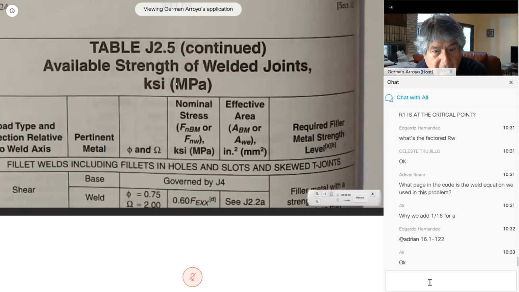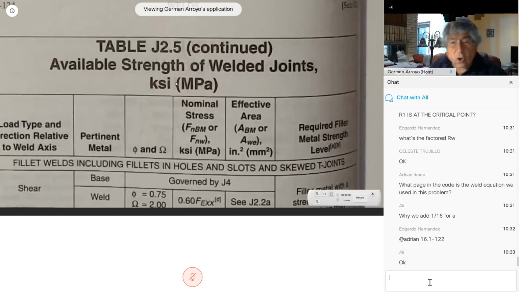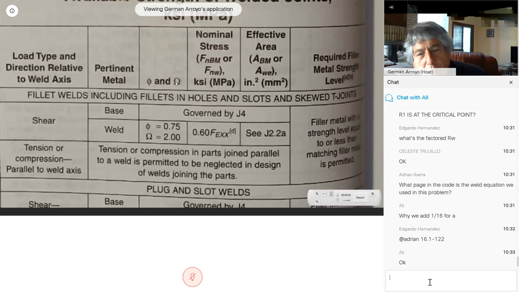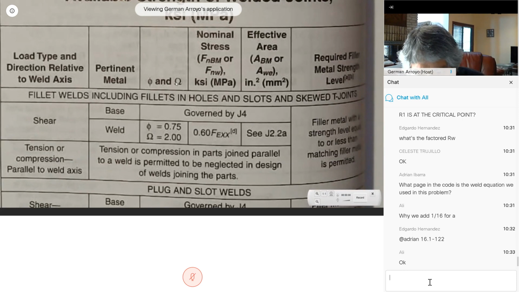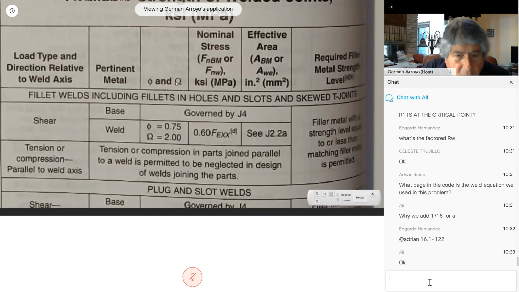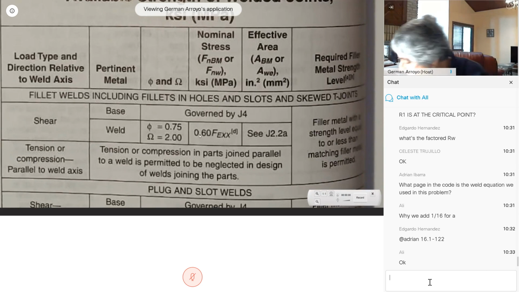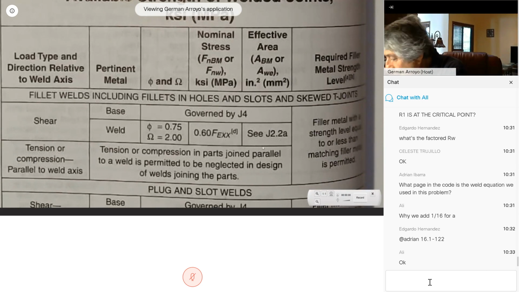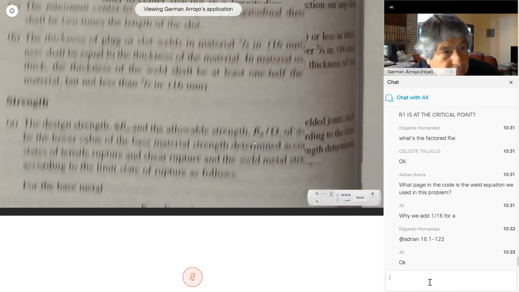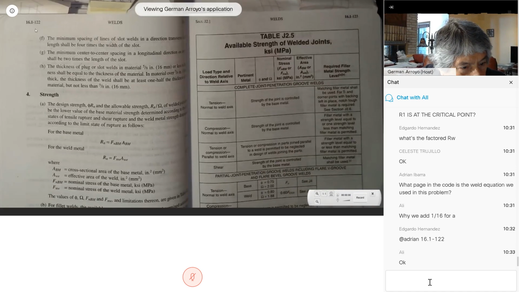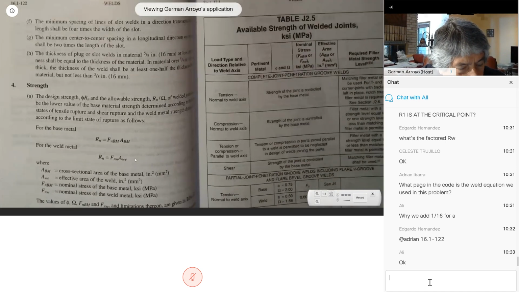And remember that no matter what we do, fillet weld, always assume that we're developing shear stresses on the effective area of the weld. So in here, they tell you the fit factor 0.75, the nominal capacity of the weld 0.6 of the electrode. And on page 16.1, 122, this is the equation that we use.